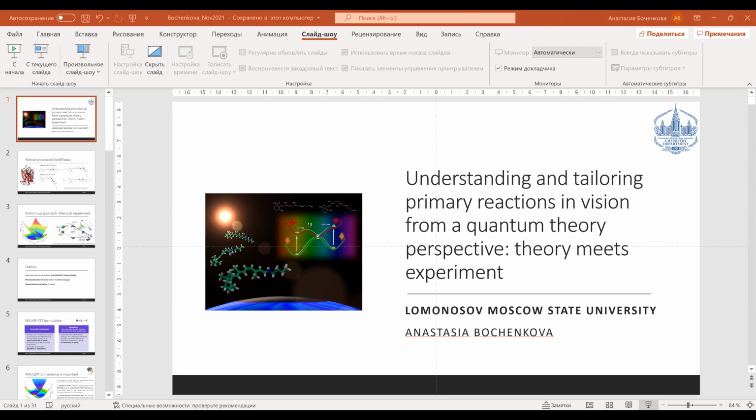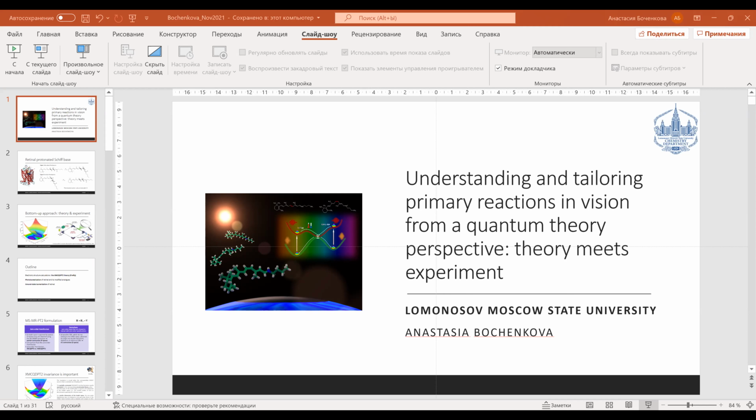But still the question is whether we understand how the protein affects the photoisomerization efficiency and time scale. And for that, we would like to know what is the intrinsic photoresponse of those chromophores in the gas phase.